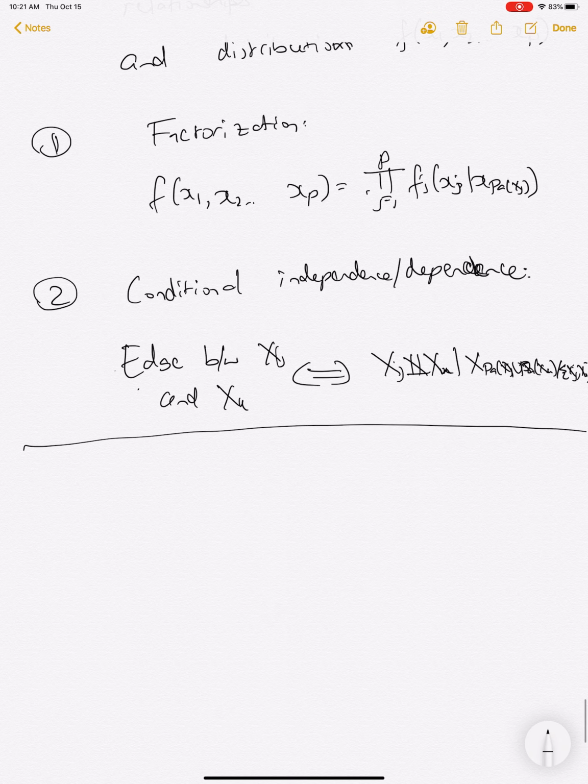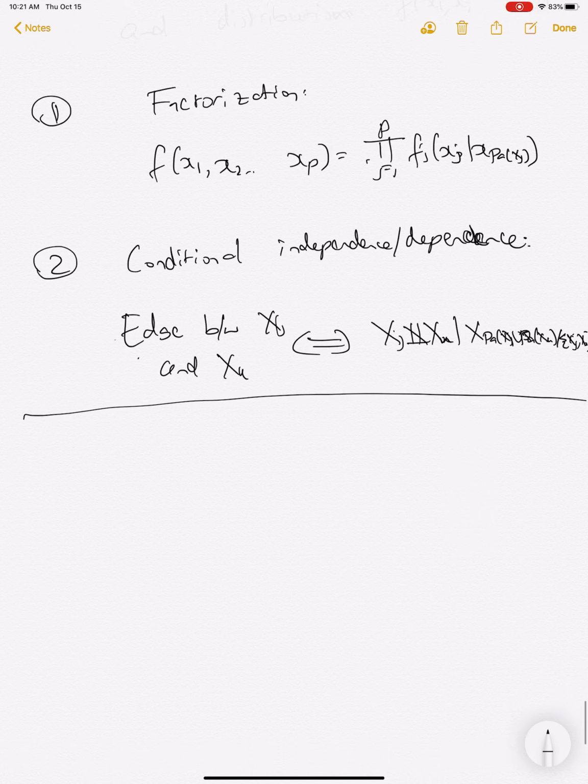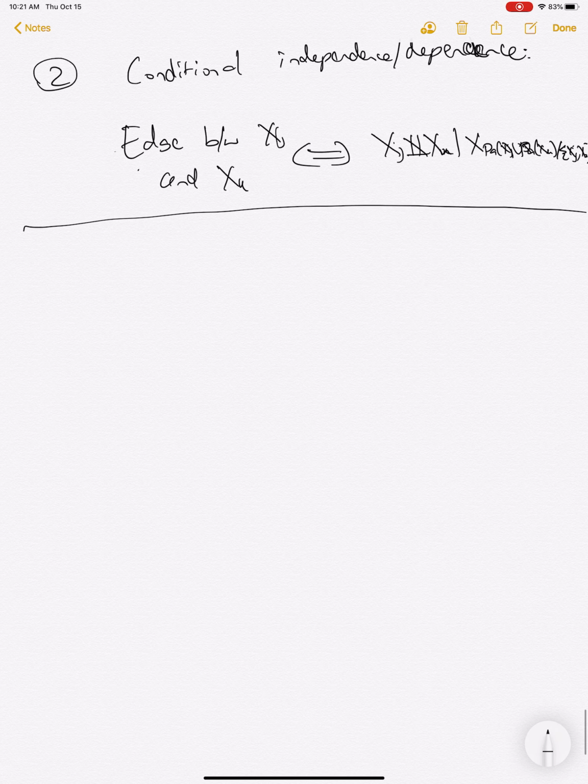Okay, so sorry, it's a bit messy, but it was defined earlier.